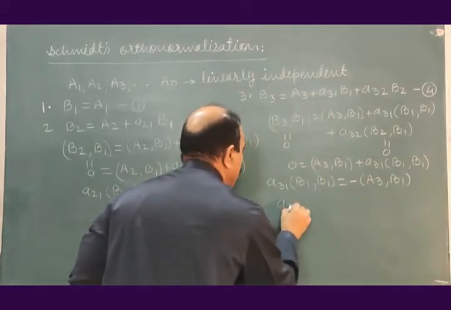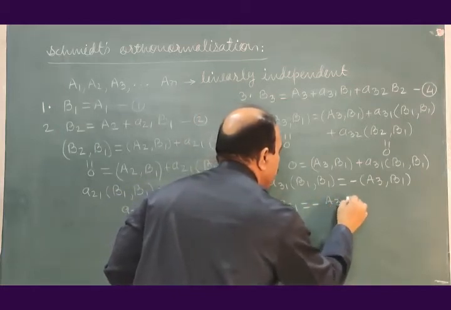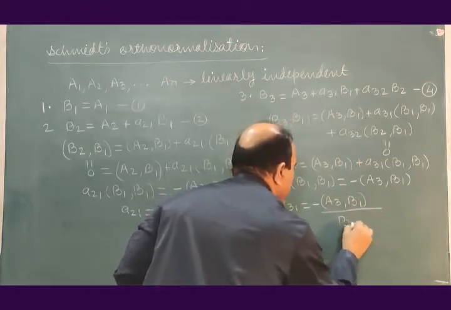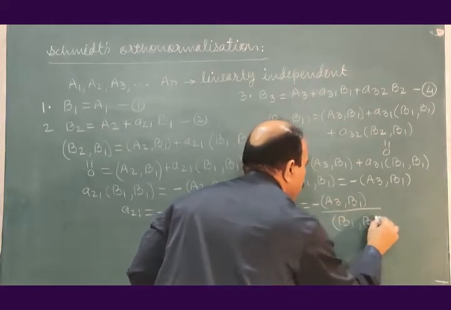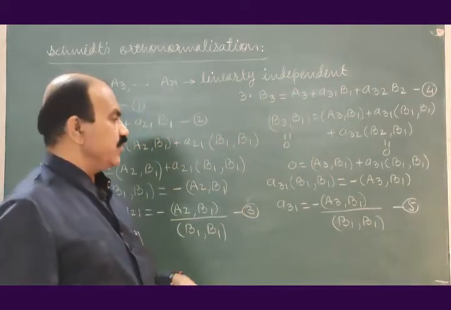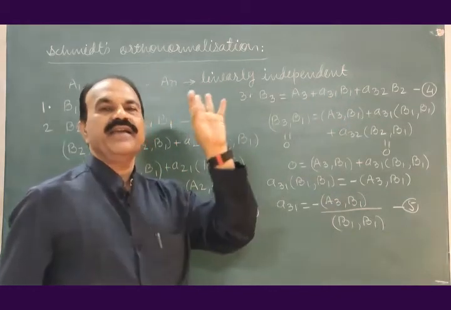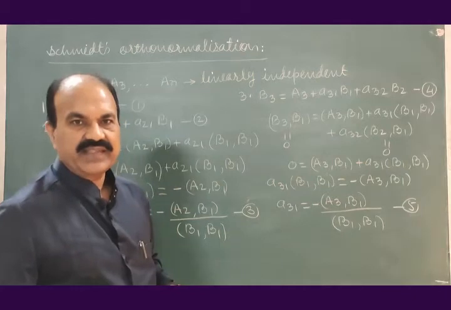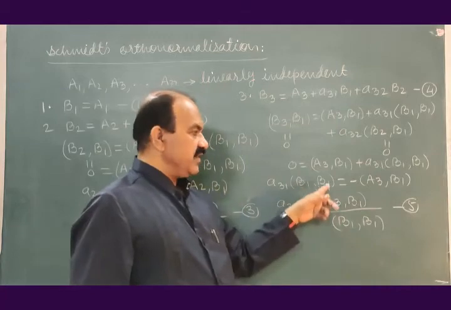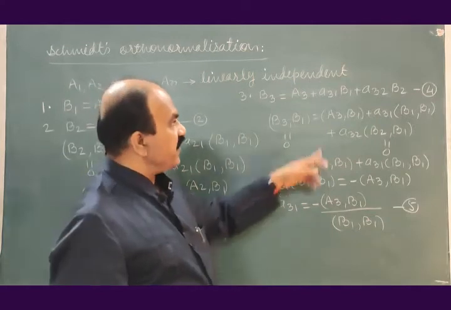This is for the a31 is equal to minus of (a3, b1) divided by (b1, b1), equation number 5. So a31 which is needed here can be found by using equation 5. Just working out this inner product and this inner product, the quotient of these two with minus sign will give us the value of a31, that we can substitute here.